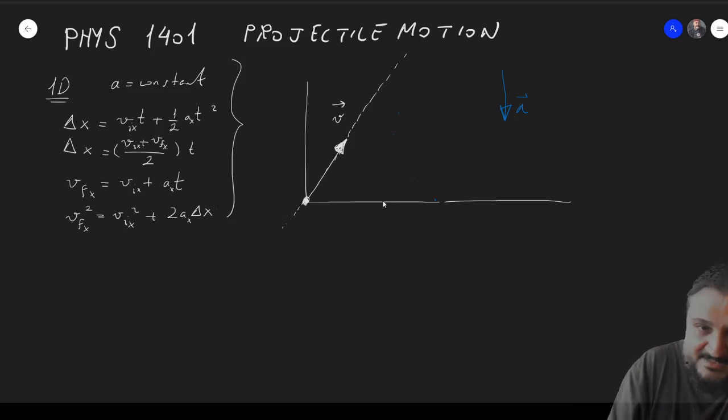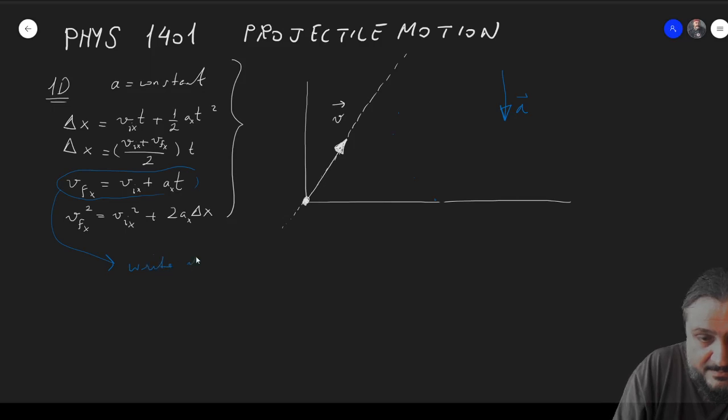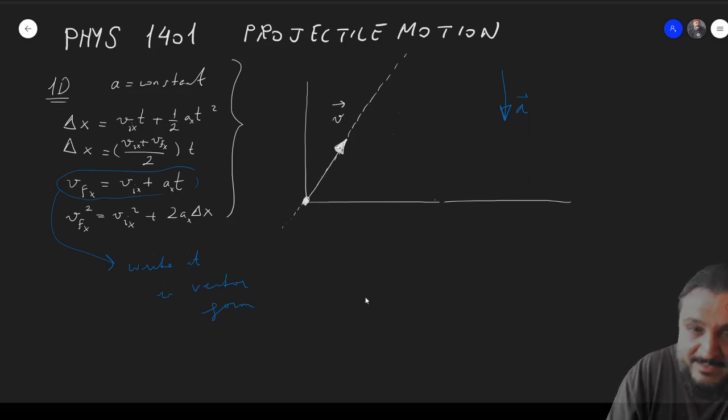So let's take this equation then, since I mentioned it. But write it in vector form. What do I mean by that?